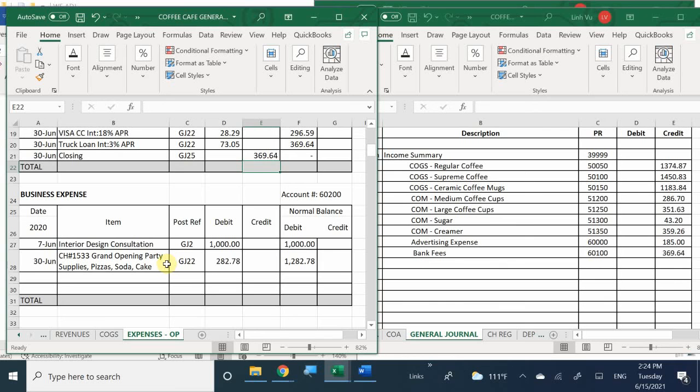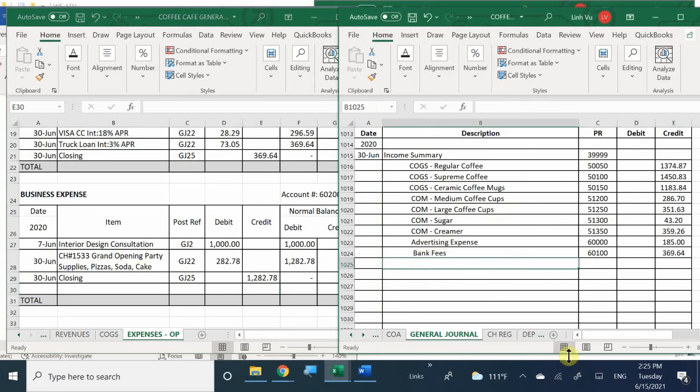Next we have business expenses, 630. Closing for the 1282.78, 128278.